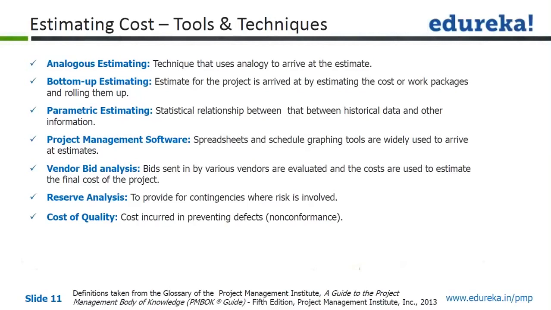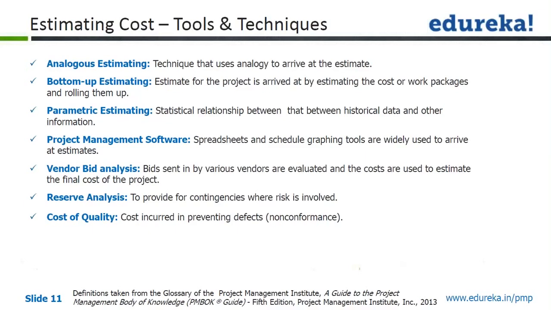Parametric estimating, statistical relationship between the historical data and essentially variables such as lines of code, let's say, complexity, then number of features and so on. Those are the things that can be used to establish a statistical relationship which will be more accurate compared to analogous.